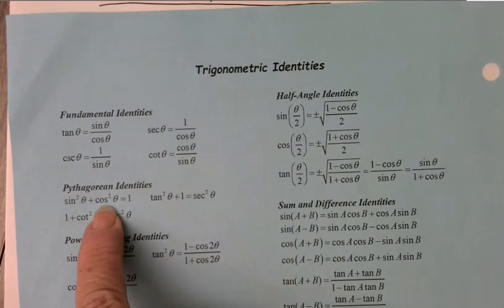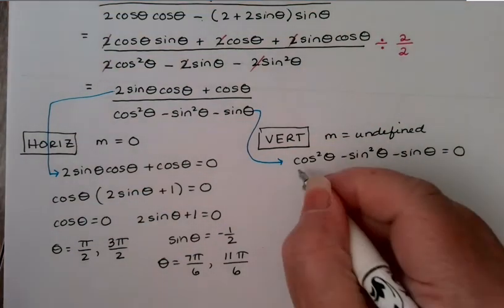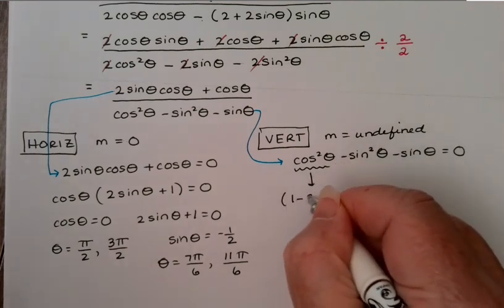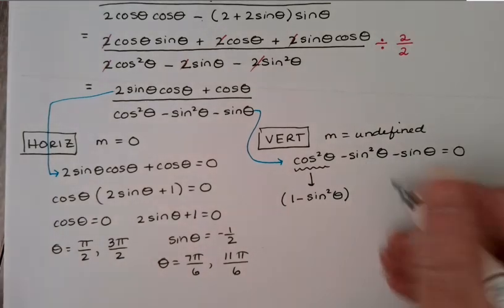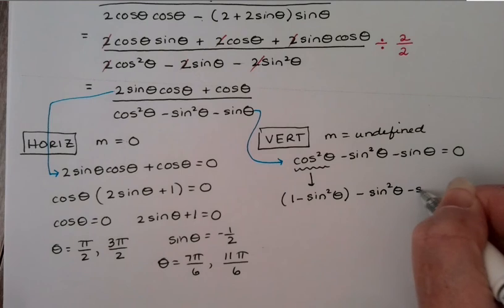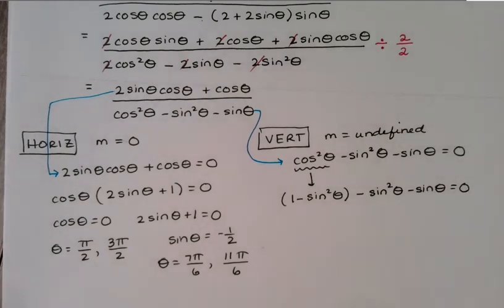Right here you can see cosine squared would be 1 minus sine squared. And then I'll just write out the rest of it. And now that I've got all one type of trig function, it's a lot easier to work with.